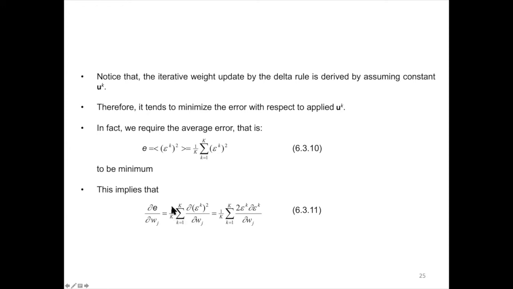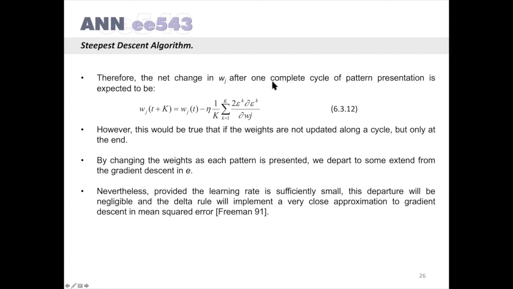Because of the square, we will have 2, and inside we have epsilon k and the partial derivative of epsilon k with respect to Wj, and again the summation multiplied by 1 over K. Therefore, the net change in Wj after one complete cycle of pattern presentation is expected to be Wj(t plus capital K) equal to Wj(t) minus eta times 1 over K, summation k from 1 up to K, of 2 epsilon k times the partial derivative of epsilon k with respect to Wj, as we derived previously.